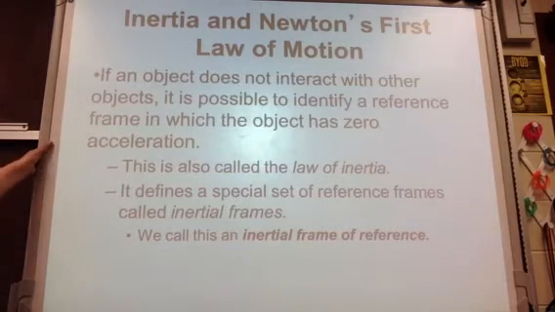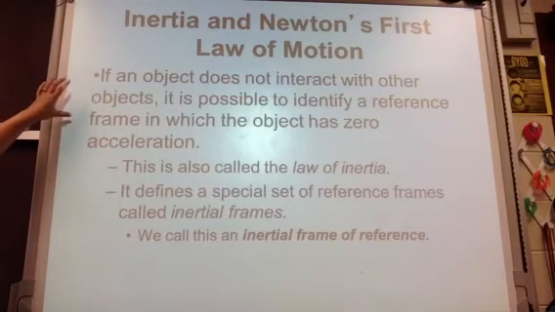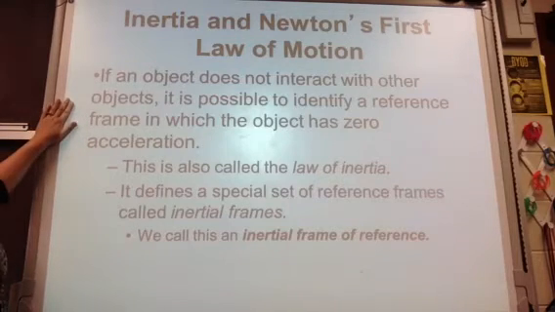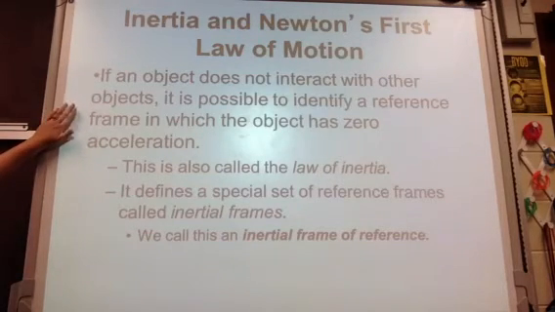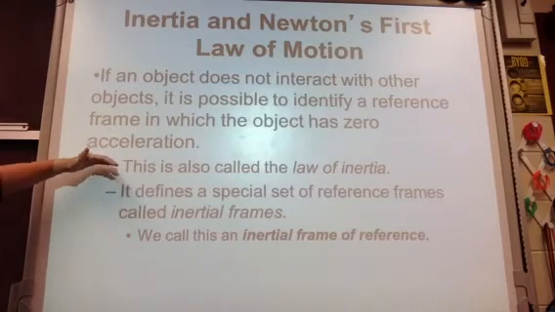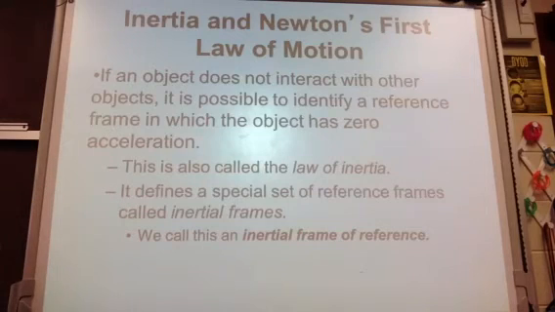The other way that we're used to hearing it is actually the alternative to Newton's first law of motion. So if an object does not interact with other objects, it is possible to identify a reference frame in which the object has zero acceleration. This is called the law of inertia, and this law of inertia defines a particular type of reference frame.